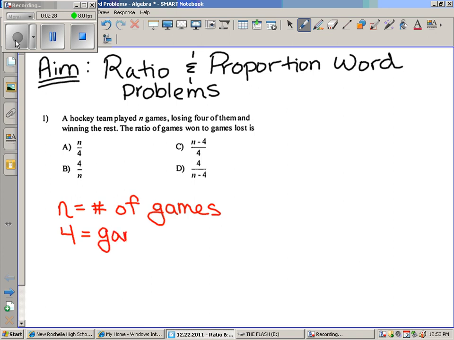Games lost, exactly. And if 4 is the number of games lost, how could we write an algebraic expression for the games that they won? There were N of them, they lost 4 of them. Good, N minus 4, excellent. N minus 4 equals games won.